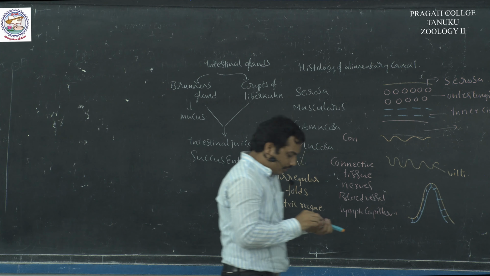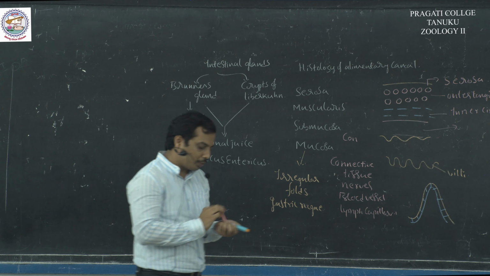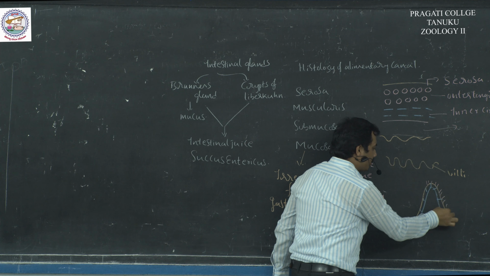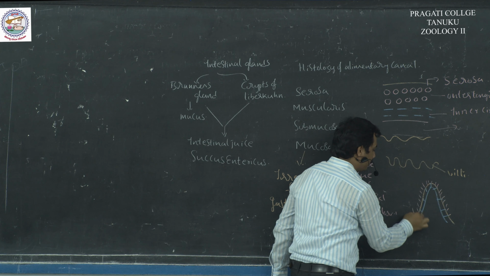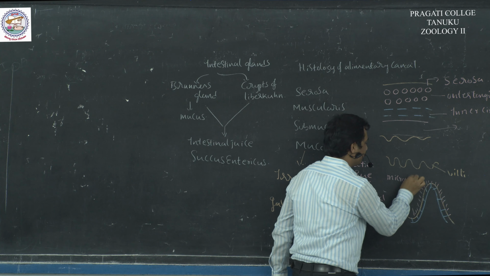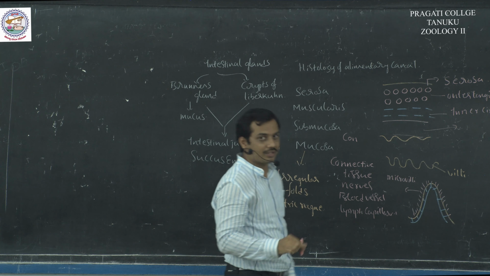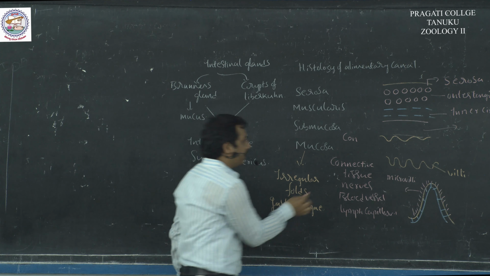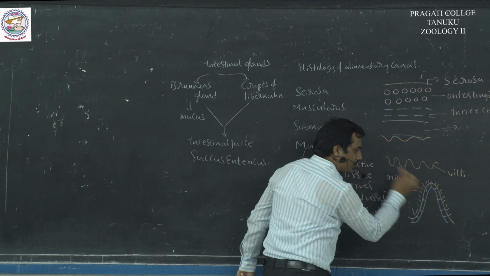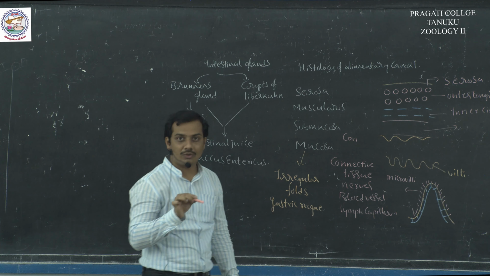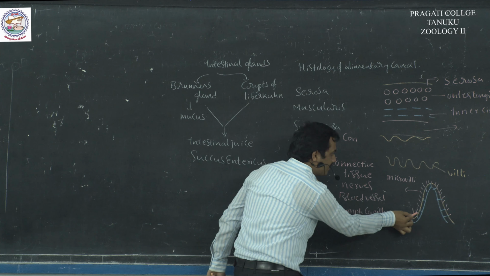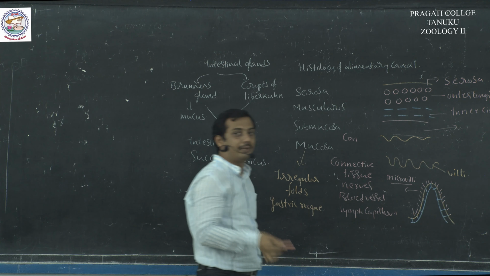These columnar epithelial cells are provided with small hair-like structures which are called microvilli. The villi is lined by columnar epithelium, and these epithelial cells are provided with small hair-like structures described as microvilli.